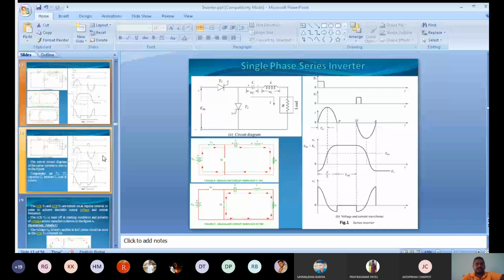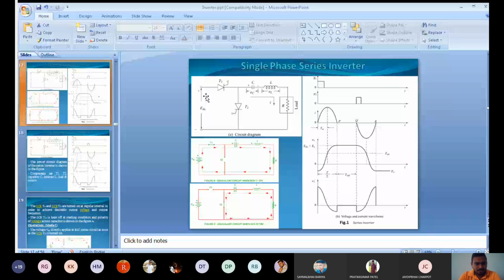Now look at this circuit. In this circuit we have used two SCRs, SCR T1 and SCR T2. The C component is here, here is the L component and this is the load. So in this circuit we have a source, SCR T1, SCR T2, capacitor, inductor and load.